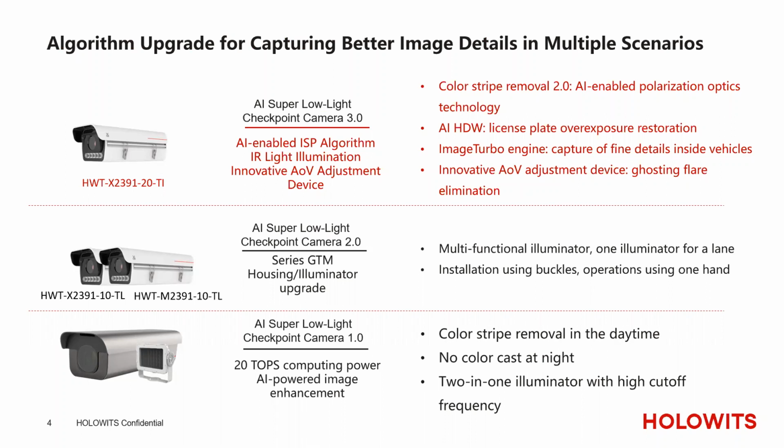It's AI super low light checkpoint cameras 3.0. As you can see, we list some of the advanced features of this version: AI-enabled ISP algorithm, IR light illumination, innovative AOV adjustment device, and so on. Later, I will introduce these features one by one.